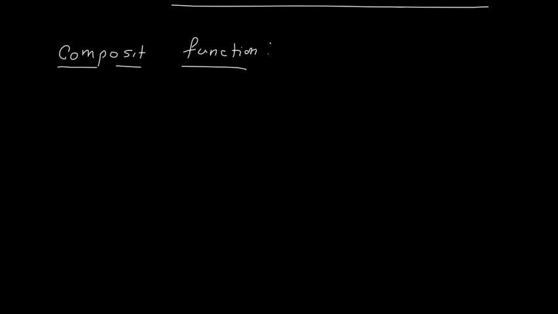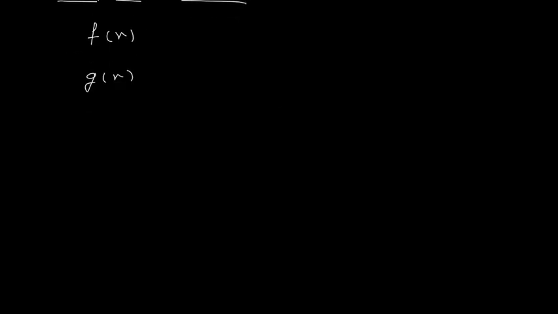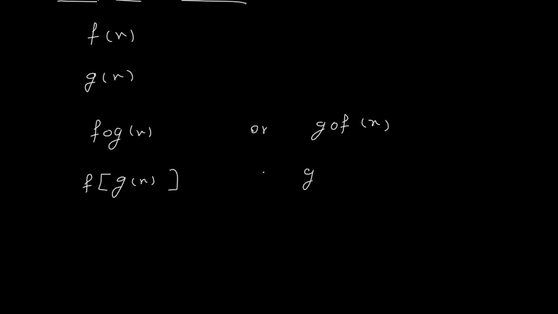If you have one function as f(x) and another function as g(x), then the composite function could be of the form f o g (x) or g o f (x). Again, this is your 11th standard concept. When I say fog, I am talking about f of g of x. When I am talking about gof, I am talking about g of f(x).